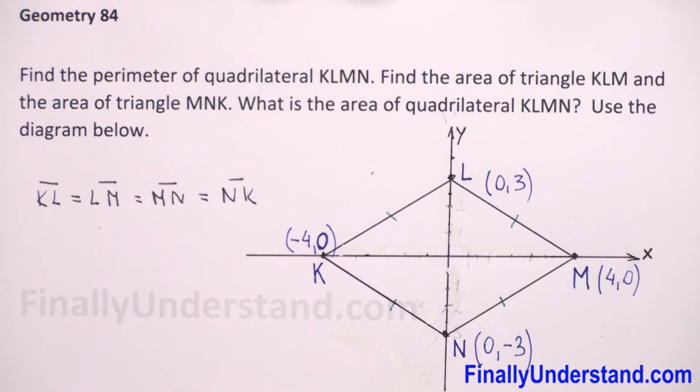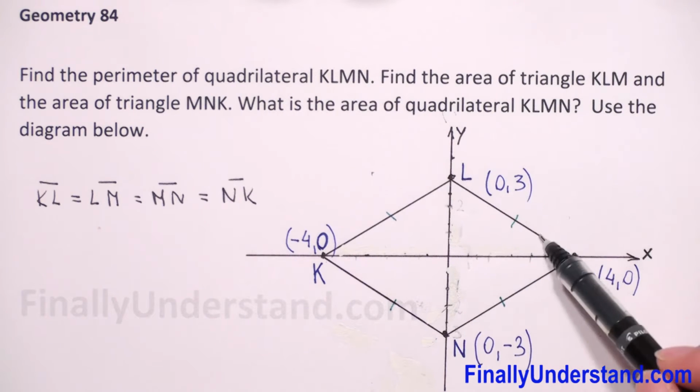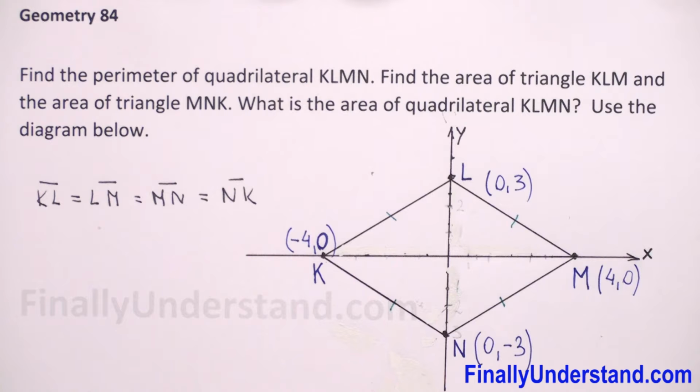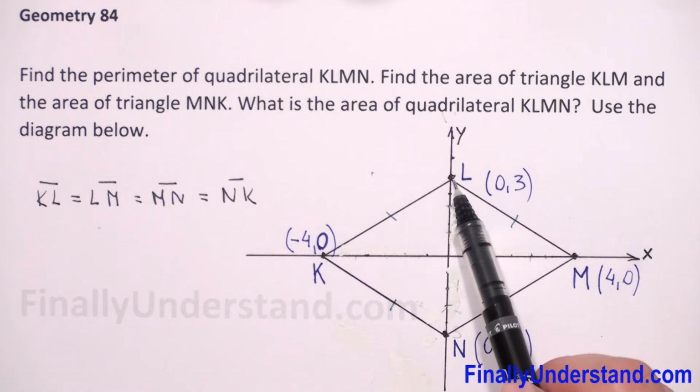So now to find the perimeter, we need to find the distance around this quadrilateral. So we need to find only one segment because they are equal. To find the distance between 2 points, we have the coordinates of these points.